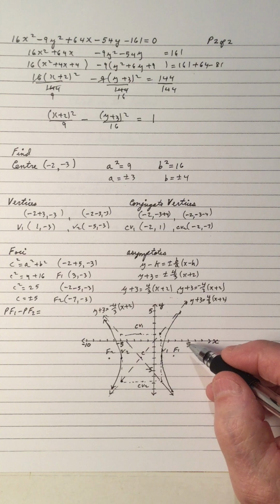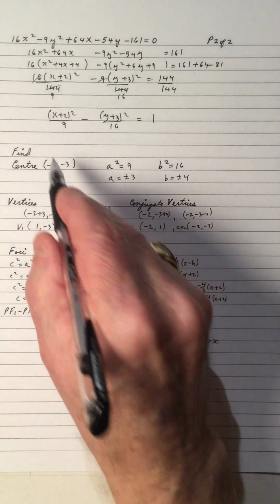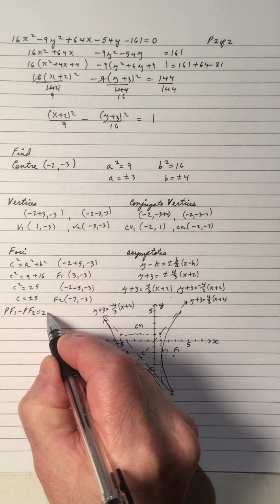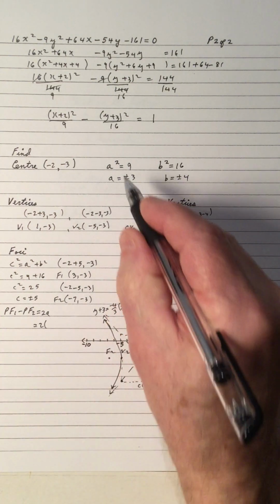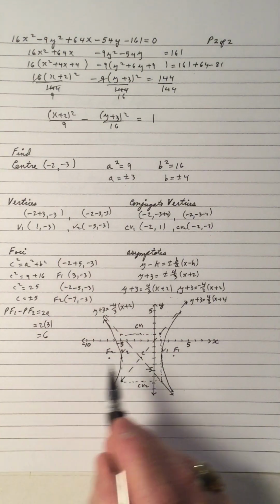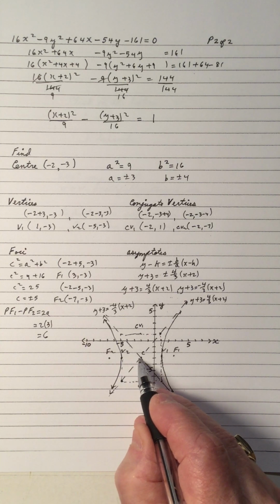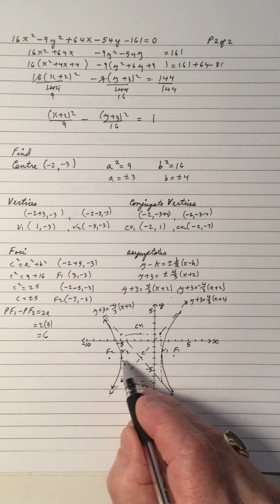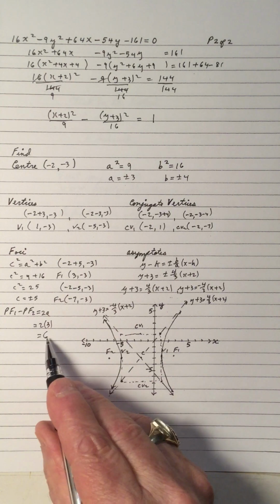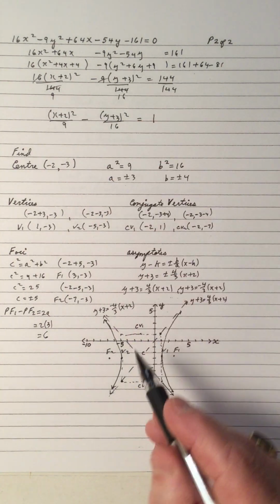So now, PF1 minus PF2, in this case is horizontal, so it's 2a. And a is 3, so that makes it 6. That means the distance between the vertices is 6. Let's see, 3 and 3. That's plus 3, that's minus 3, so there's 6 between the vertices. Perfect. And notice, again, it's horizontal because the x is positive.